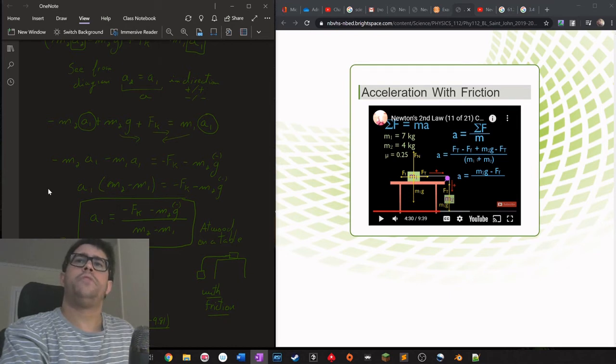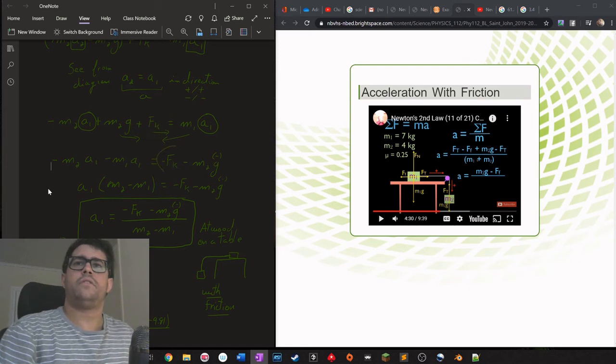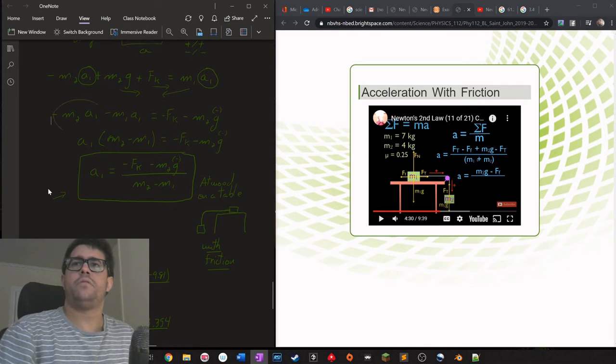Okay, so positive m2g, this one became negative m2g, plus fk became negative fk, and this positive m1a is the negative m1a. Minus M2A1 is minus M2A1. Everything looks good. Now let's review.